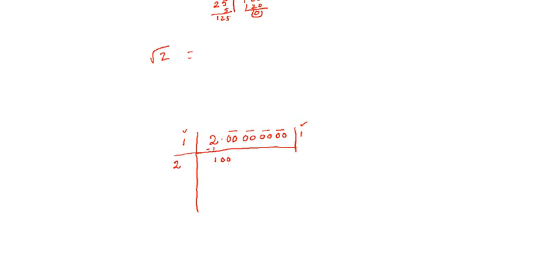Now you write 1 on the right side of 2, then it is 21. 21 ones are 21. Is it suitable to subtract? Yes.